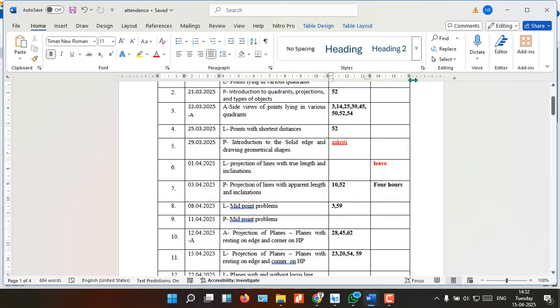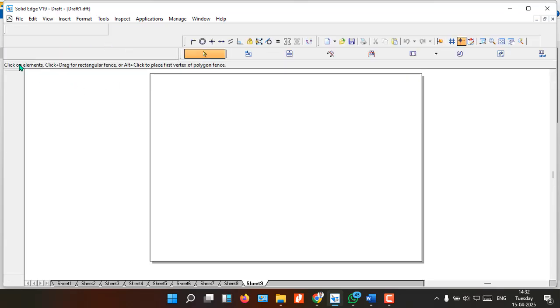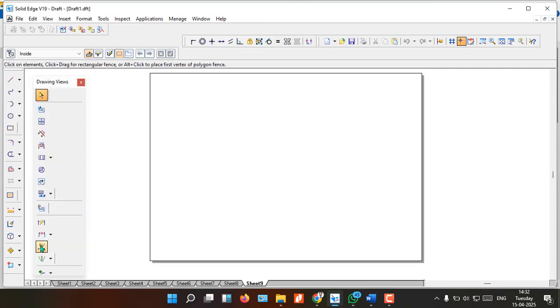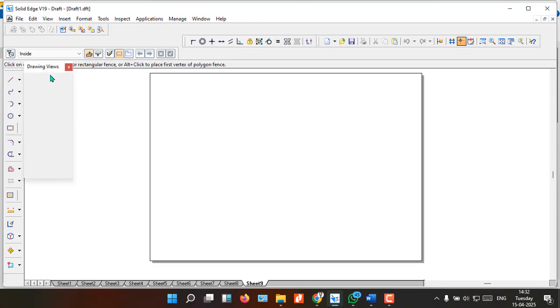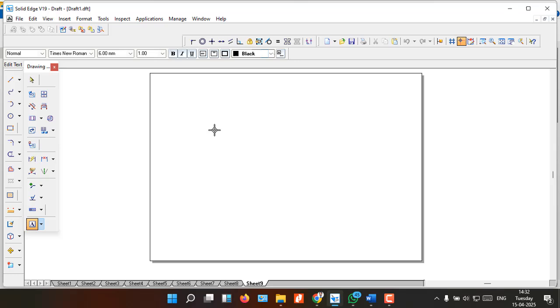Even in the previous categories, we told that whenever we come across planes, the very first question we need to ask ourselves is where it is resting, whether on HP or VP. Here it is resting on the HP.